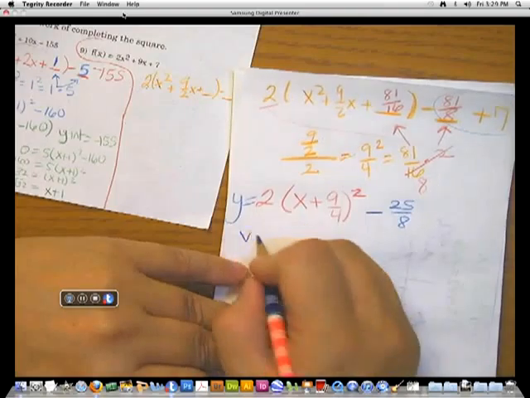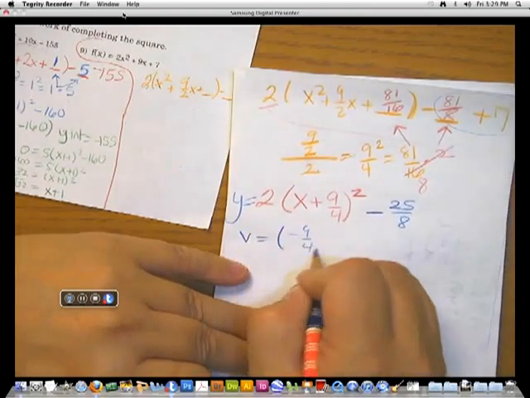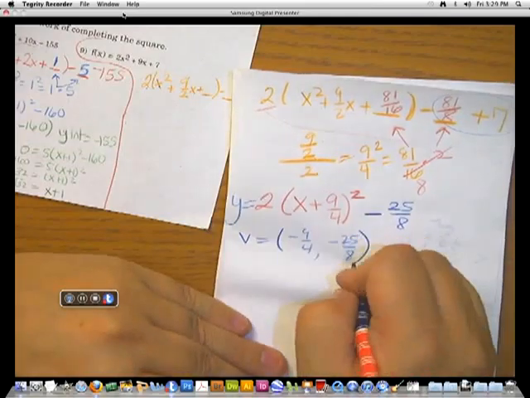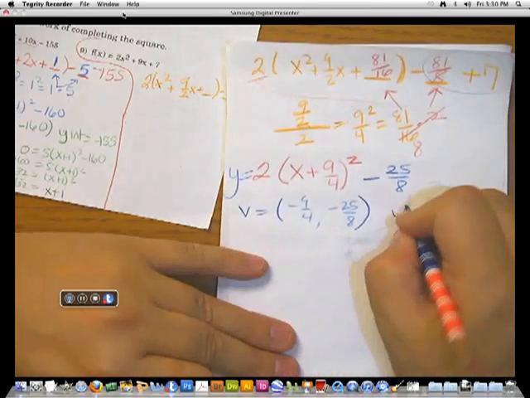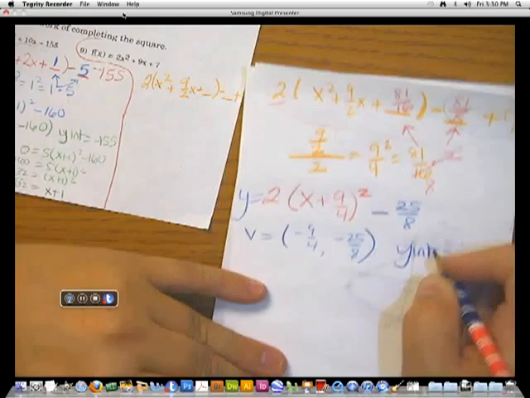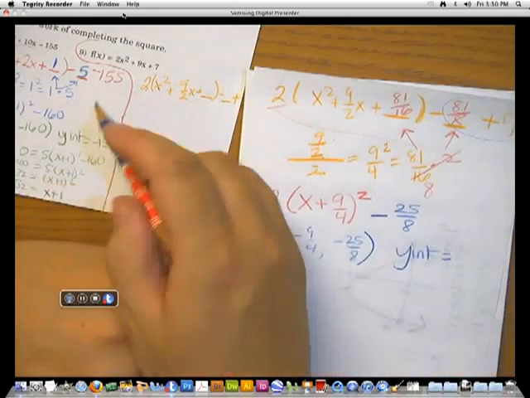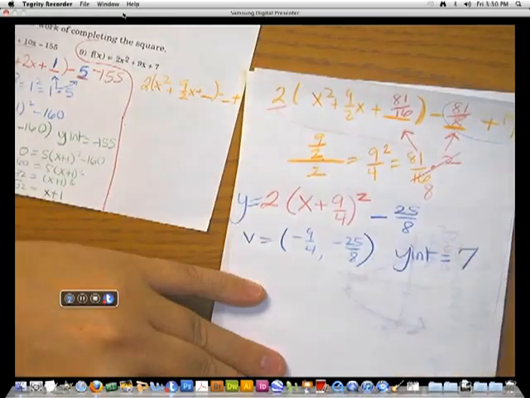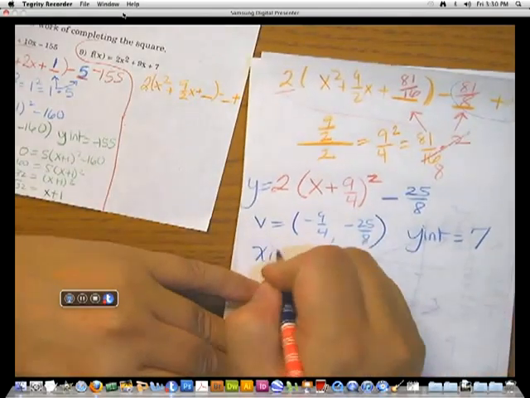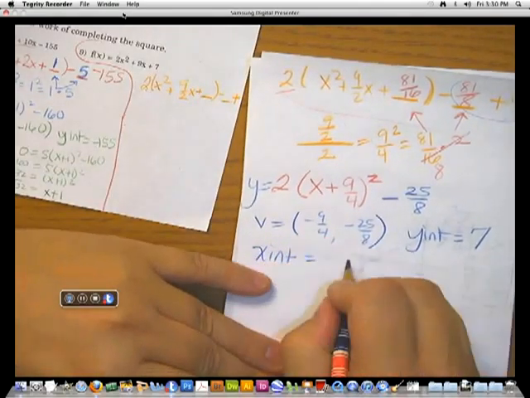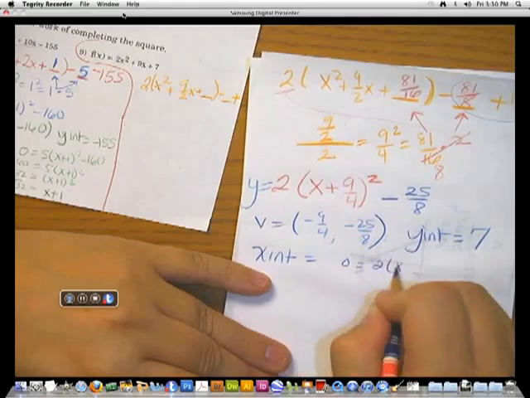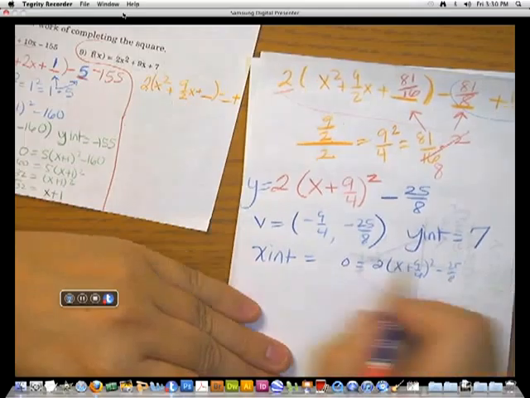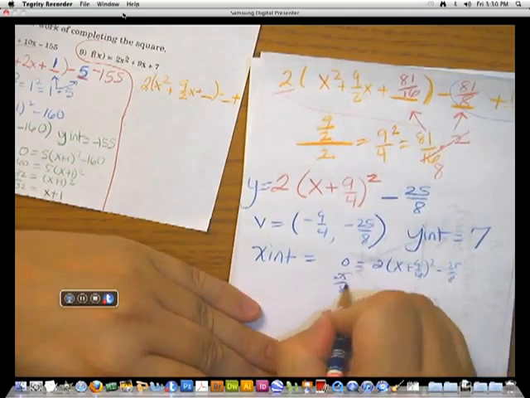Okay, so the vertex is the easy part to pull out. Negative 9/4 and negative 25/8. All right, the y-intercept is easy to pull out because in my original equation, 0, 0, my constant is 7. For the x-intercept, we're going to make the y 0. So we're going to move over the 25/8.